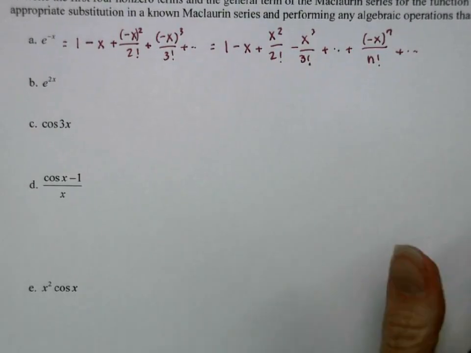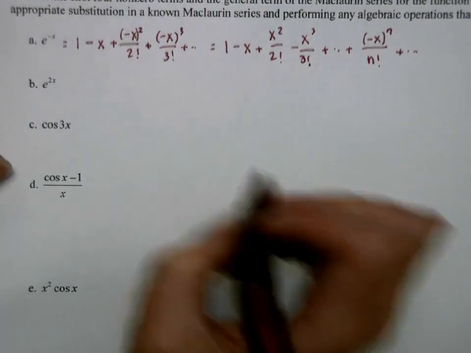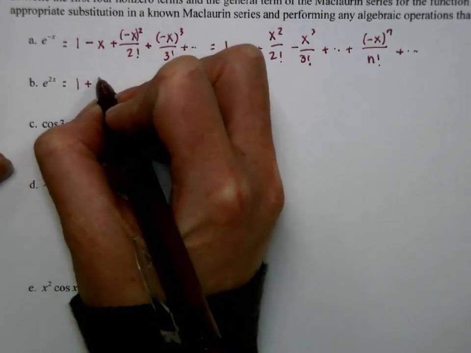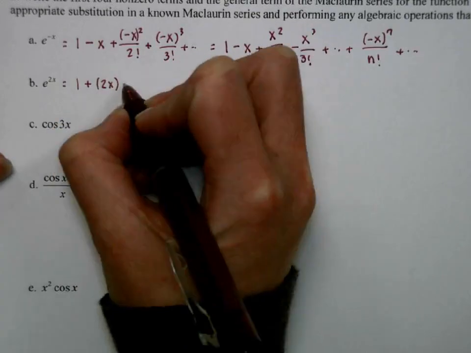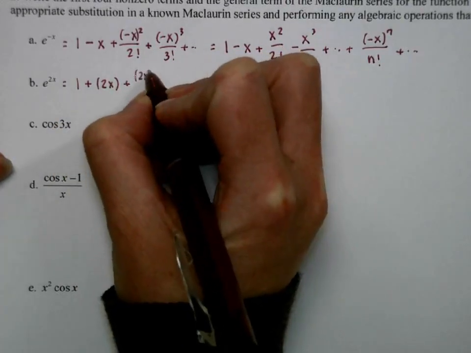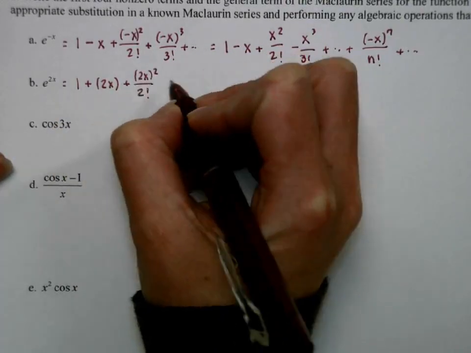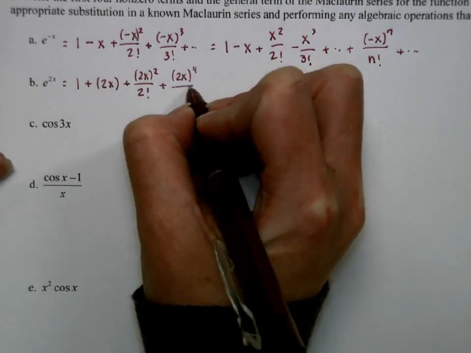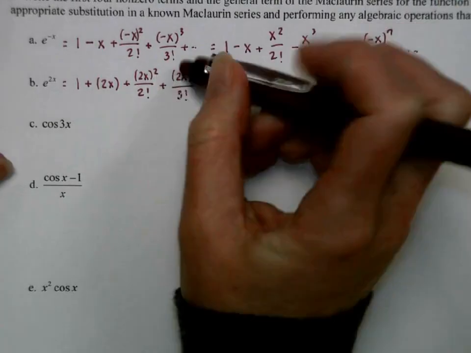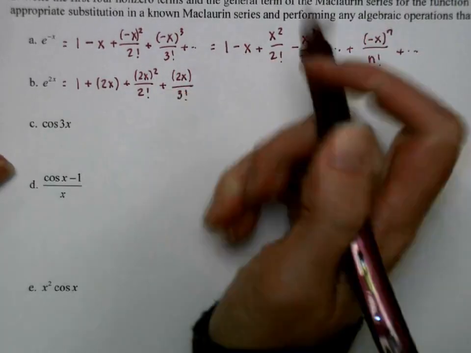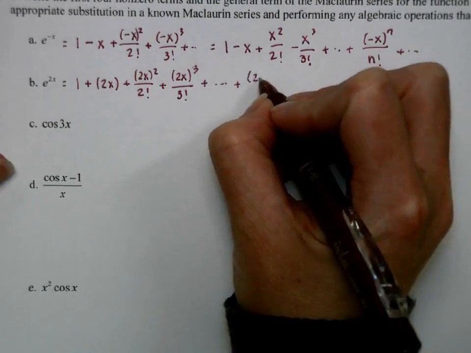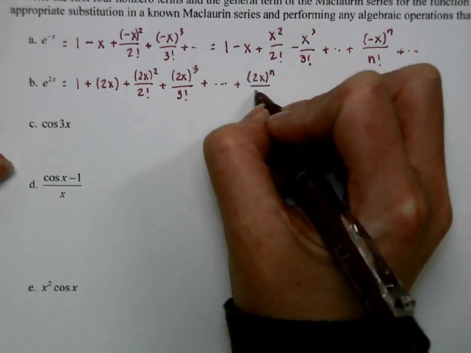Okay, we'll do the same thing with e to the 2x. So my general term is just going to be 2x to the n over n factorial.